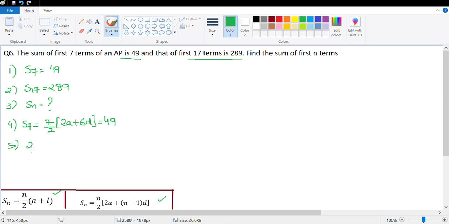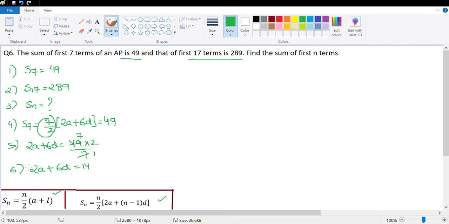So 2a plus 6d will be equal to 49 multiplied with 2 upon 7. I have taken 7 upon 2 on the other side. So 7 1, 7 into 7, that gives me 2a plus 6d is equal to 14.